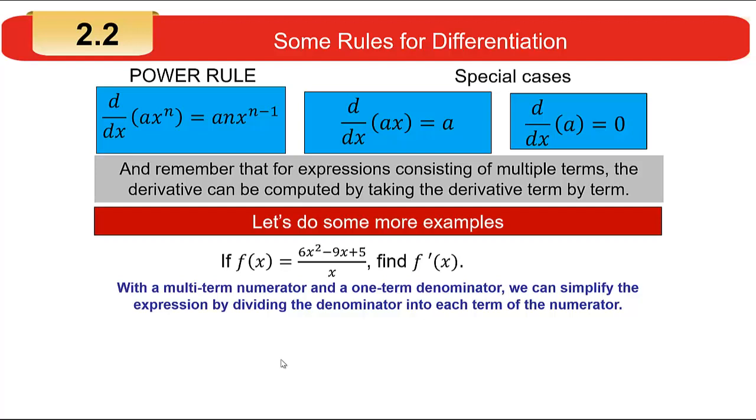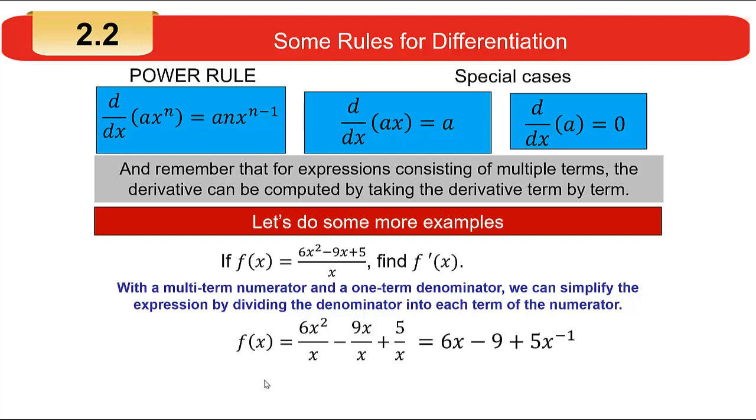So whenever you see anything like that with a multi-term numerator and only one term in the denominator, the trick is just to break it back up into 3 individual fractions, and 3 in this case because there are 3 terms. So you can take the x and divide it into the 6x squared, you can take the x and divide it into the 9x, and you can take the x and divide it into the 5. And then simplify it.